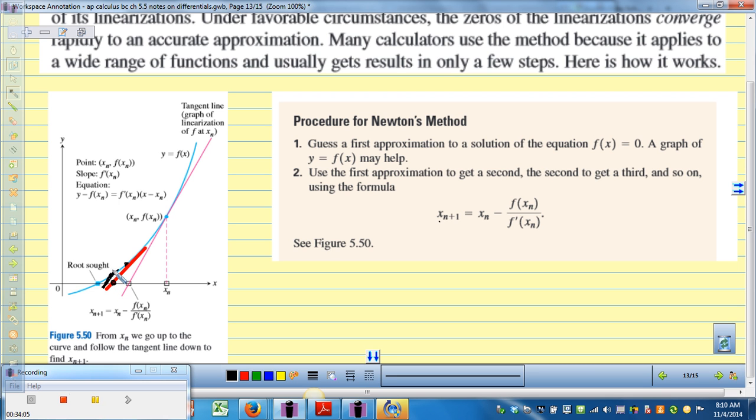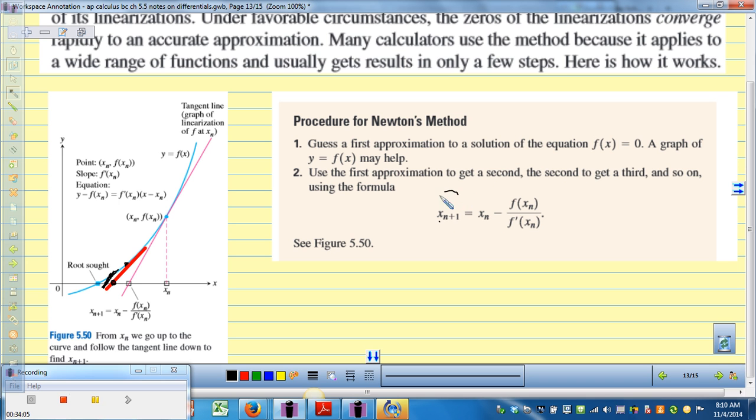So it's an iterative process where you keep finding the x-intercept of the tangent line. Okay? So that's what's going on here. So you'll get the first approximation to a solution of f of x equals 0, and a graph of f of x may help. And use the first approximation to get the second.